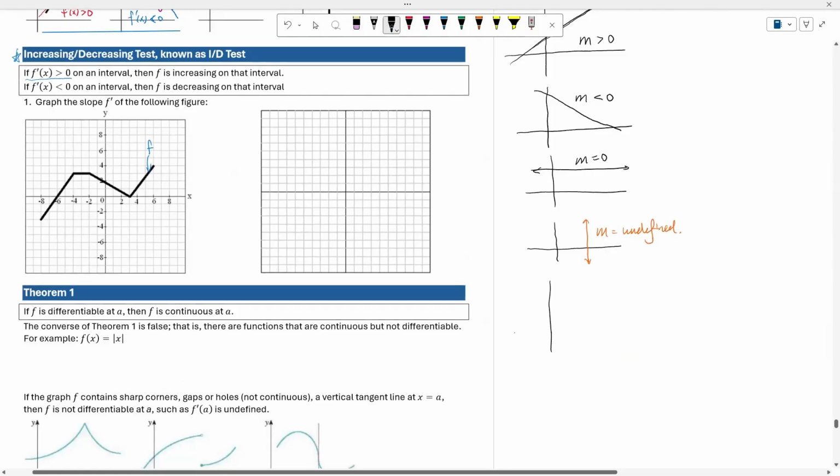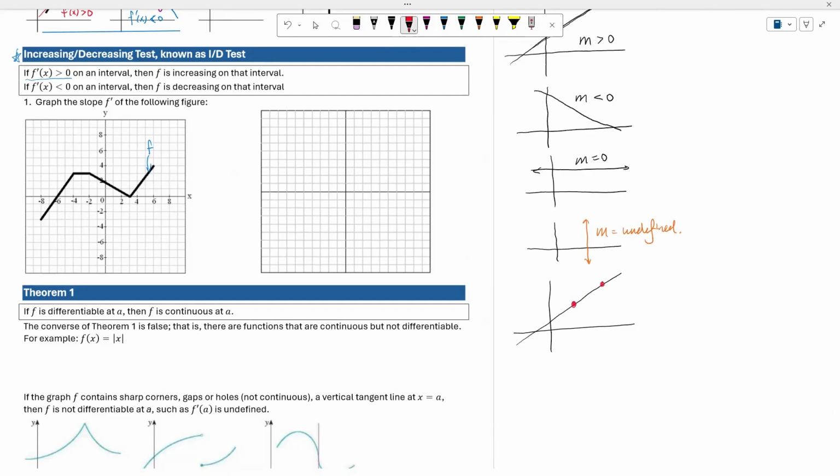If we have a straight line, how do we find the slope? The easy way to find the slope is the change in the y direction over the change in the x direction.